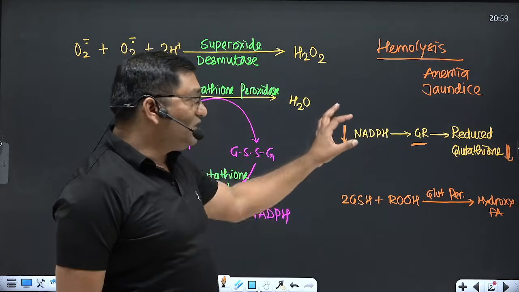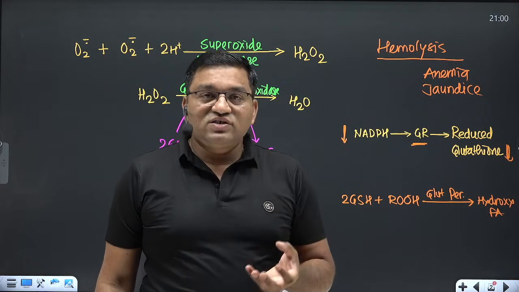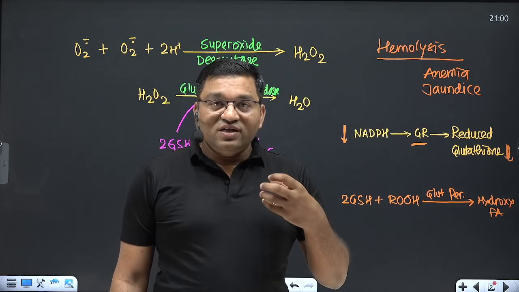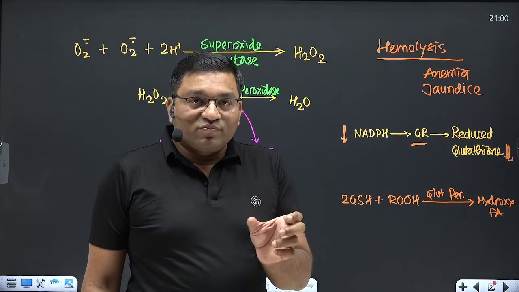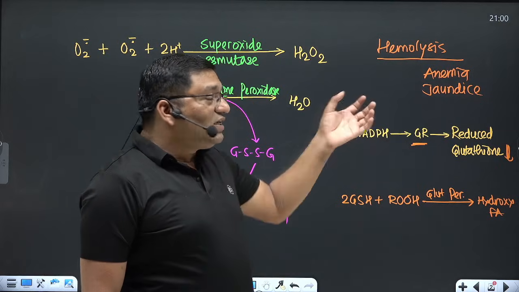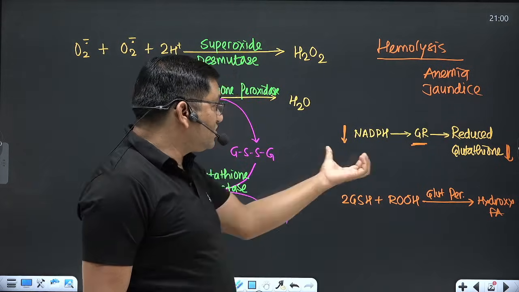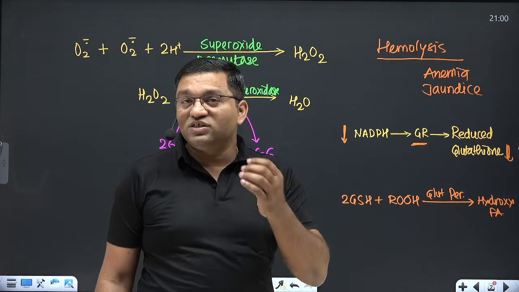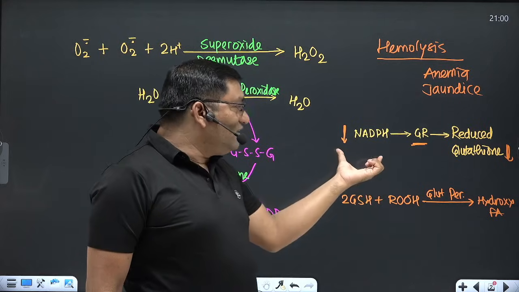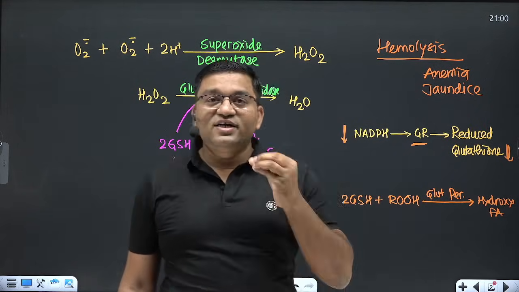As such, the patient is asymptomatic, but when exposed to infection, certain oxidant drugs, or certain foodstuff, for example fava beans, taken in the diet, it causes rapid destruction of RBCs, because the person has less activity of G6PD, glucose 6 phosphate dehydrogenase, and because of that, less NADPH and less reduced glutathione damages the RBC.